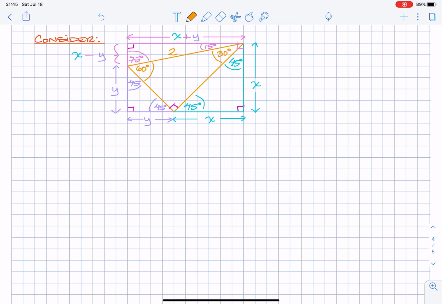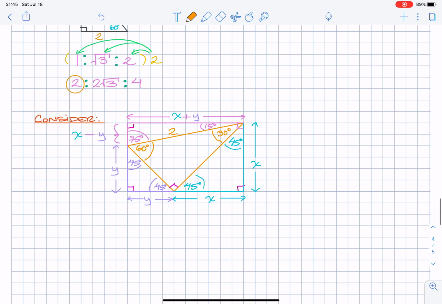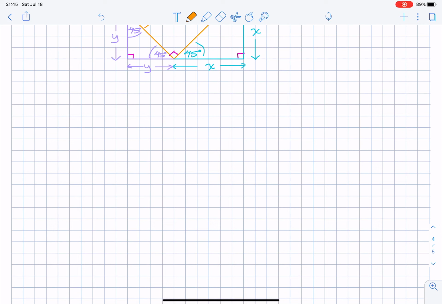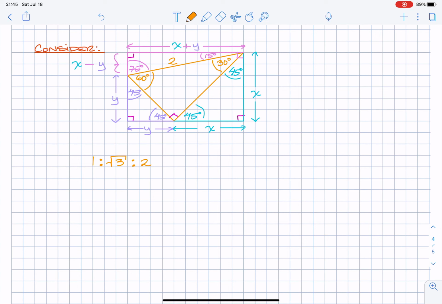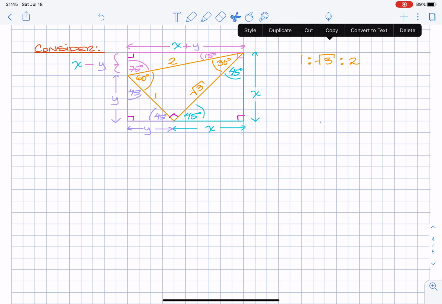So the hypotenuse of a 30, 60, 90 right triangle, remember 30, 60, 90 is in the ratio of 1 to root 3 to 2. So if the hypotenuse is 2, I know that this longer side must be root 3 and the shorter side must be 1. Okay, so that's good. I don't need to do anything there. Just need to annotate that.